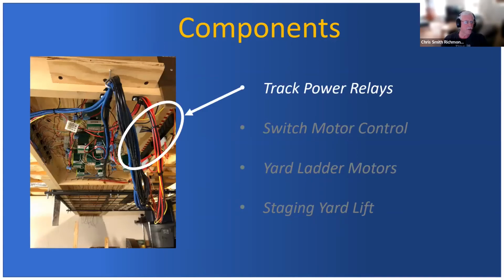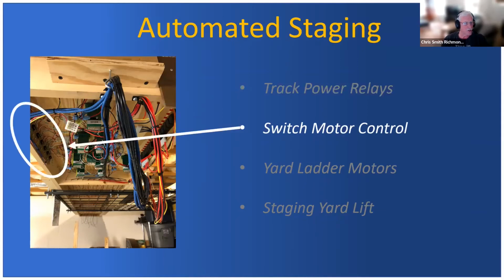To do that, if you look under this staging yard, it's raised up to the ceiling right now. You can see we've got the track power relays here on the right. The computer, through those relays, activates the DCC power to the tracks. Then you've got the switch motor control card on the left.